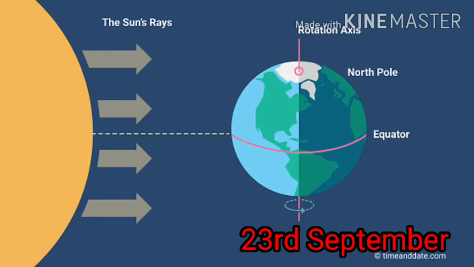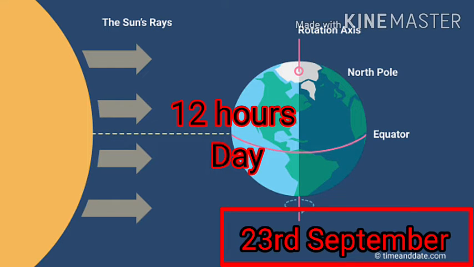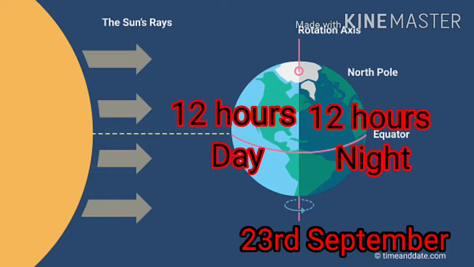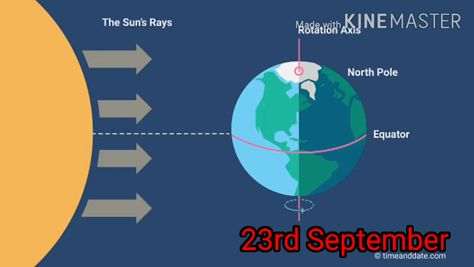That means on 23rd September we have 12 hours day and 12 hours night. This is called autumnal equinox.